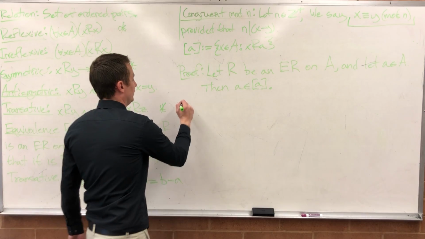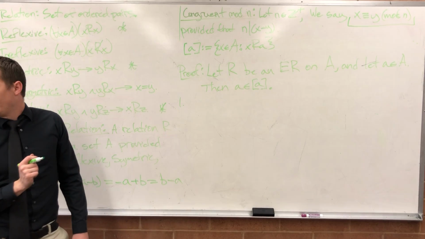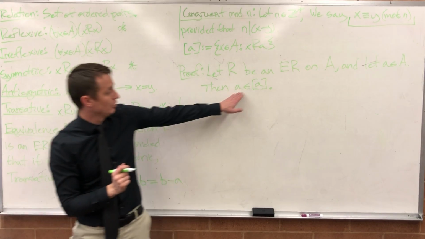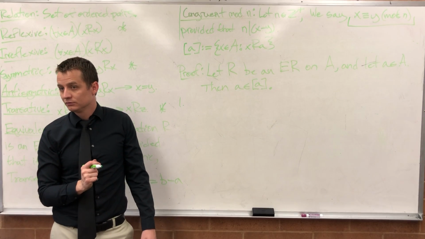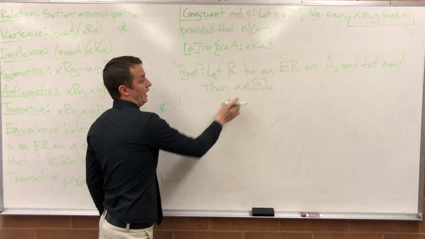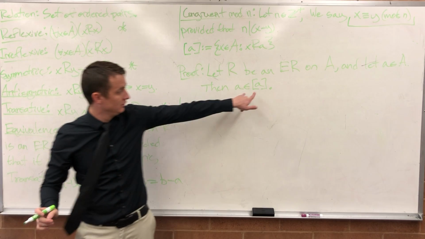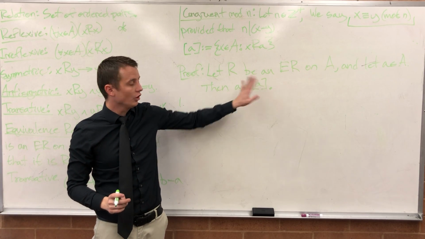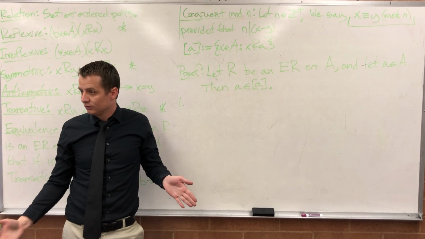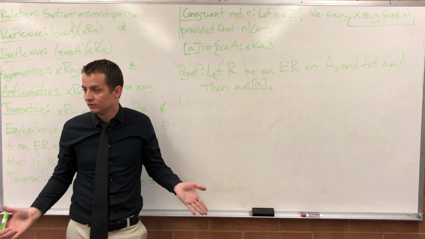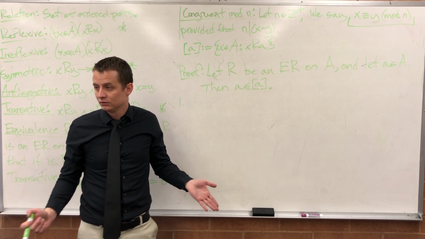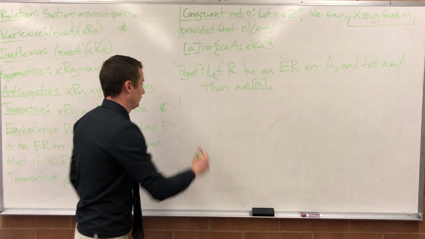Right, that's what we're proving. How would we prove that a is in its own equivalence class? Yeah, how do we show that little a is in its equivalence class? We need to show that little a is related to a. We need to show that a is related to itself. Is that symmetric or reflexive?